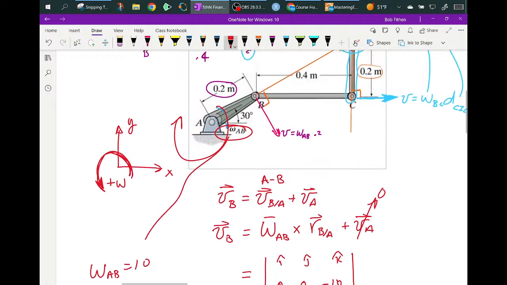Next, I need a vector. This vector is the only difficulty you have here, and it's not that difficult.